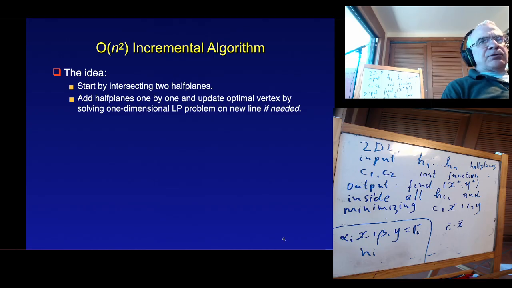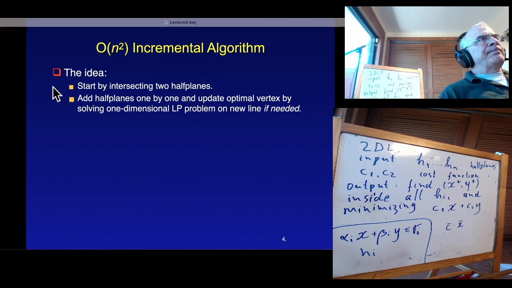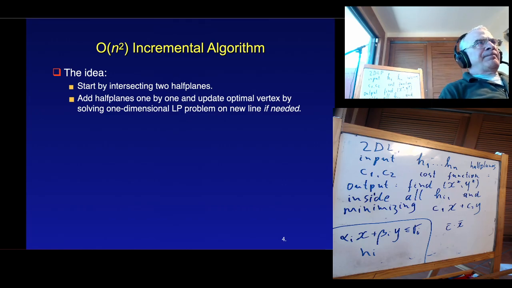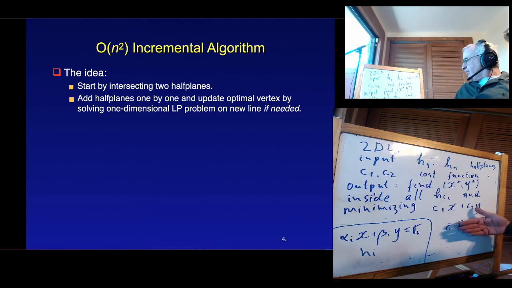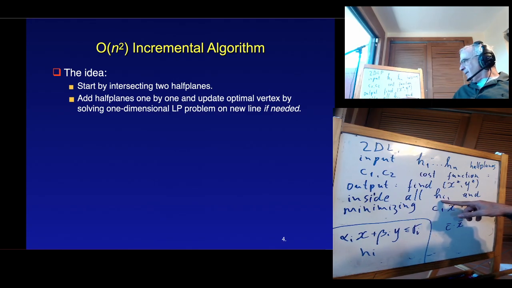Now I'm not going to do divide and conquer. Instead, I'm going to do an incremental algorithm. I'll start by computing the intersection of two half planes. And now I'm going to add the half planes one by one. At every moment, after inserting a half plane, I'm going to know the optimum solution to the problem, except that I don't require the optimum to be inside every half plane hi.